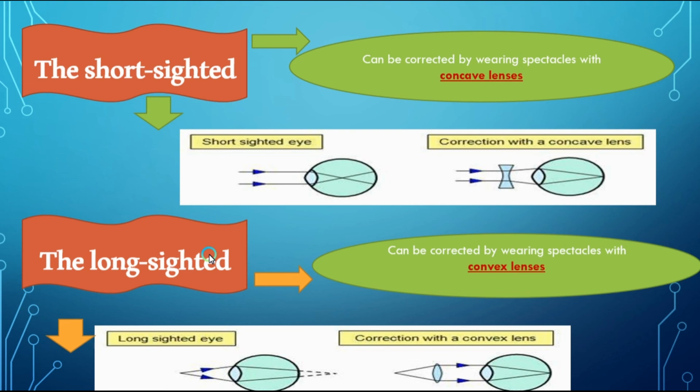How many kinds of vision problem can a person have? Short-sighted means he cannot see the distant objects, and long-sighted means he cannot see the near objects. For short-sighted, he will wear the concave. For the long-sighted, for the correction of his vision, he needs to wear the convex lenses.